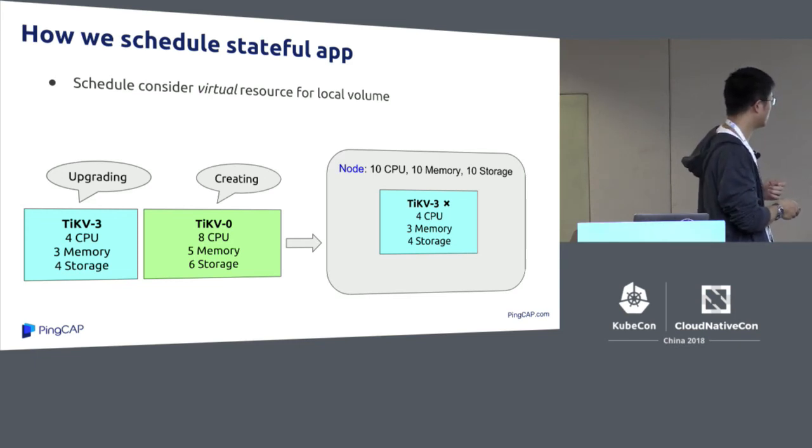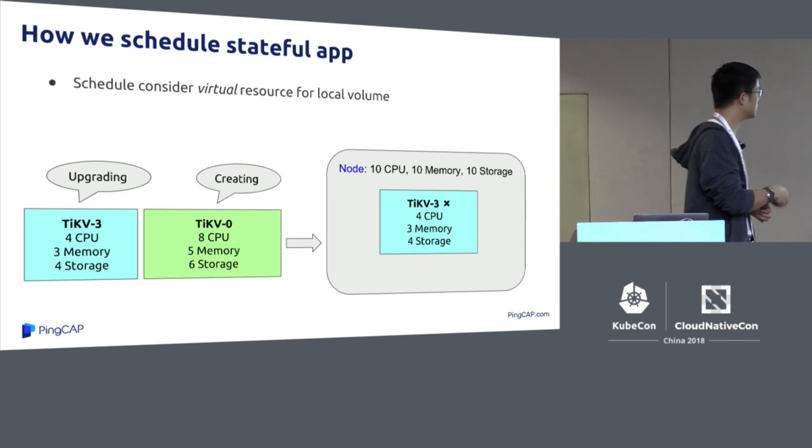When another pod is being scheduled on this node, we should only see 6 CPUs and 7 memory, so we can't schedule this other pod on this node.